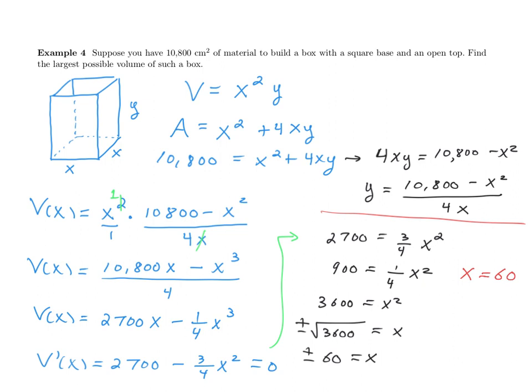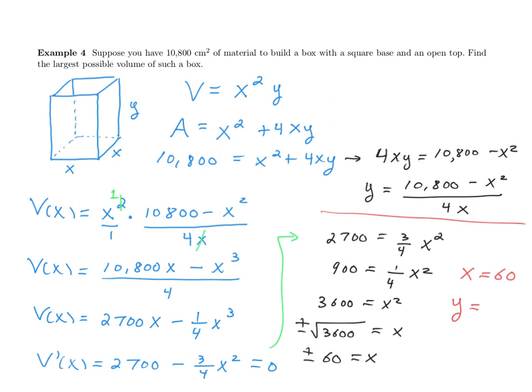We need to know, well, what's the corresponding value of y? I'm going to take 60 and put it in place of these x's, and that will tell me the value of y. I'll put that down here. Again, I'm just going to type this into my calculator. That's 10,800 minus 60 squared, and we're dividing by 4 times 60.